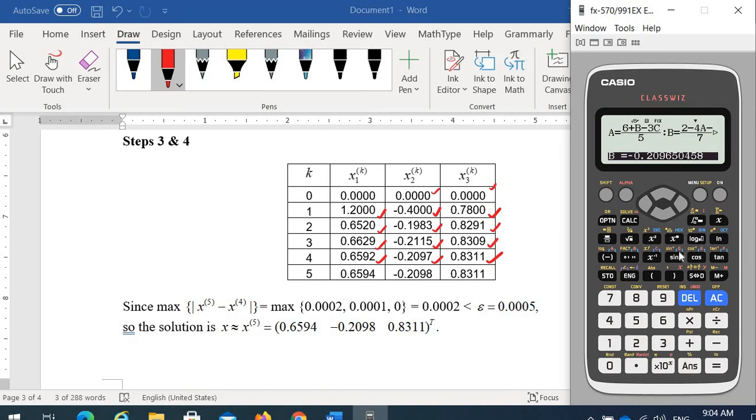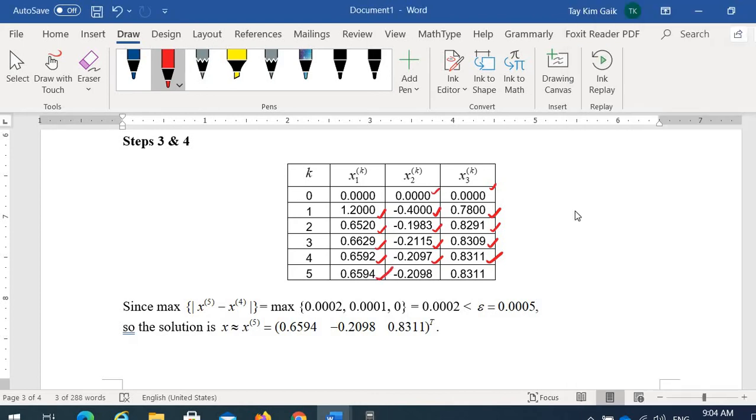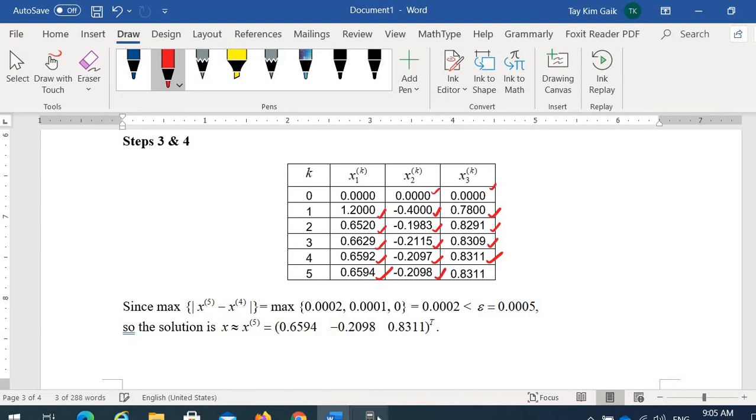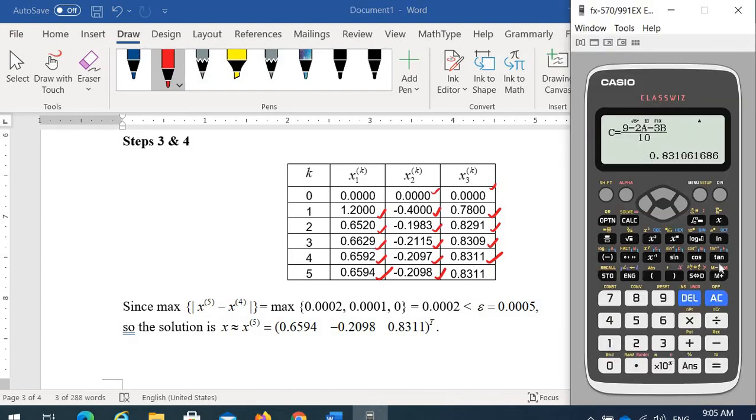Okay, so this is A, 0.9594. B, negative 0.2098. Go down. C, 0.8311.